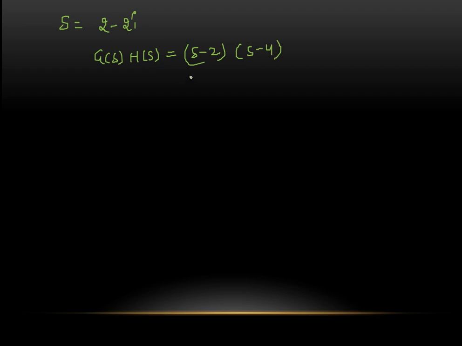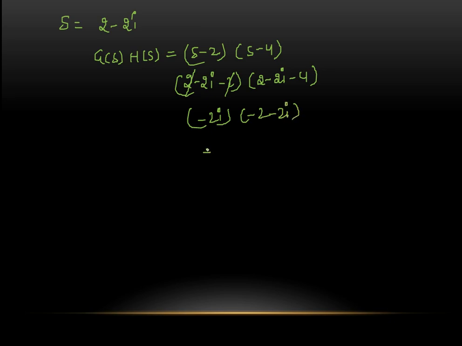In place of s, just substitute 2 minus 2i minus 2, and in place of s, substitute 2 minus 2i minus 4. So plus 2 and minus 2 get cancelled out, leaving minus 2i, and 2 minus 4 is minus 2, so minus 2i minus 2. Minus 2i into minus 2 minus 2i.